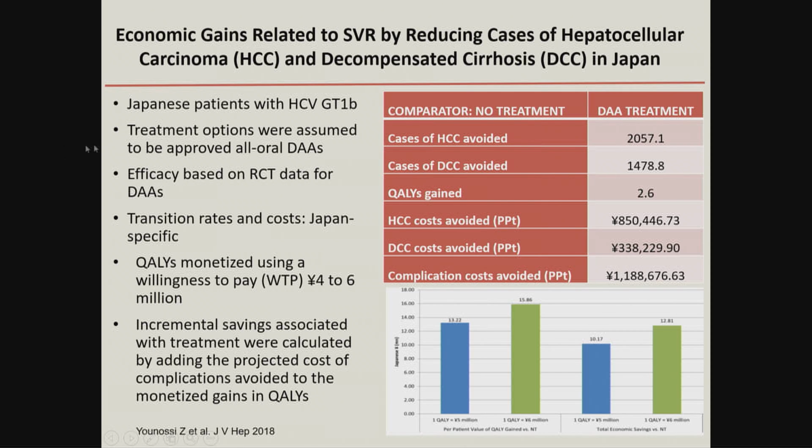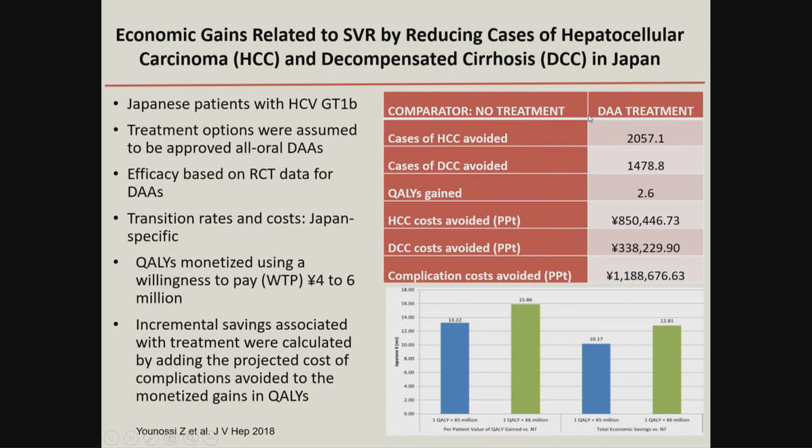And we assume that we will use the treatments that are currently approved in Japan for treatment of hepatitis C, and all the rates for the efficacy came from randomized clinical trials. The cost data came from Japan. Willingness to pay was what has been accepted, which is between 4 to 6 million yen.